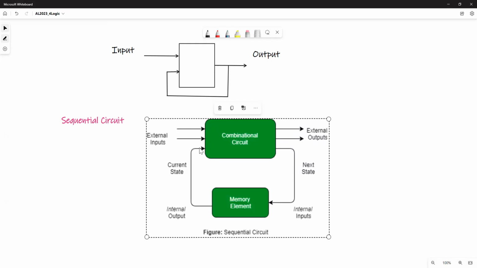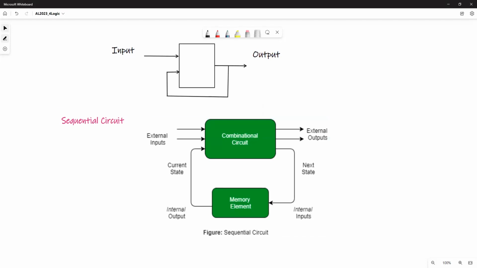Some of the inputs come from the output, but actually it comes from the next state. What I mean by this is that the previous state is actually the input here, and what you get from here is the next state. So there will be some memory, which means we can store bits. That's exactly what we need to discuss.